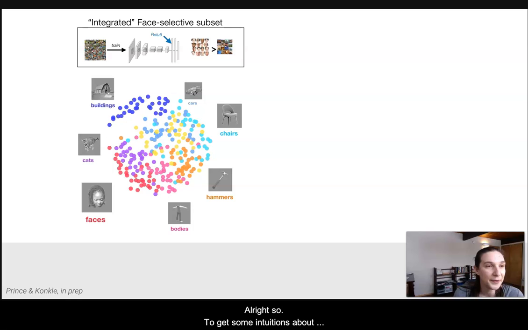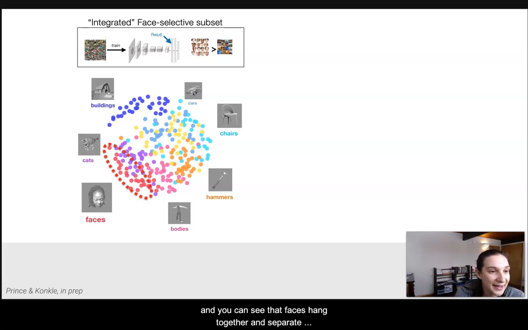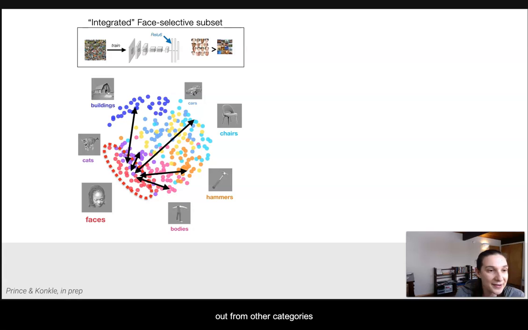All right, so to give some intuitions about this feature space, here you can see images from these eight different categories plotted in a multidimensional scaling plot. Each dot is an image, and when they're nearby on the plot, they're nearby in this high dimensional feature space. And you can see that faces hang together and separate out from other categories, which also separate out from each other.